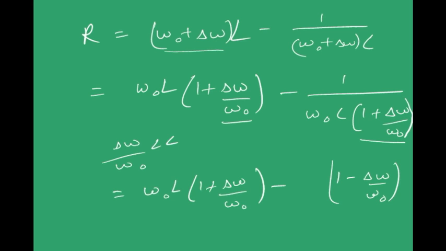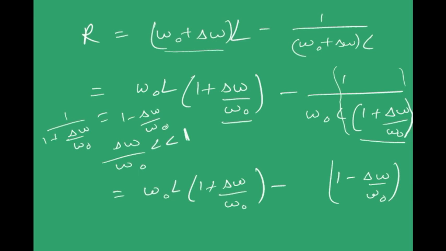Got me? Because when delta omega by omega naught is very much less than 1, by binomial approximation, 1 by 1 plus delta omega by omega naught can be written as simply 1 minus delta omega by omega naught. That is what I have done here.